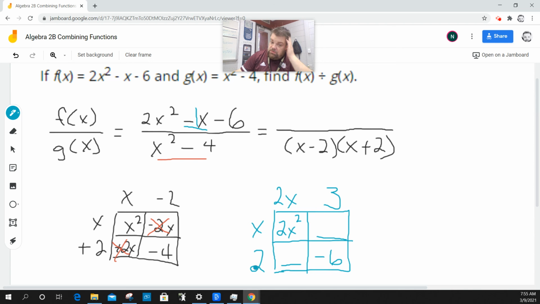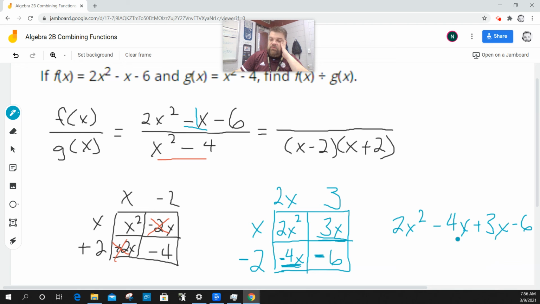Now, 2 times 2 is 4, and then we tack on the x, and this becomes 3x. But remember, this is a negative 6, so one of these has to be negative. I want these two terms, this one and this one, to add up to negative 1, so this is the one that has to be negative. In other words, I'm going to have 2x squared minus 4x plus 3x minus 6.